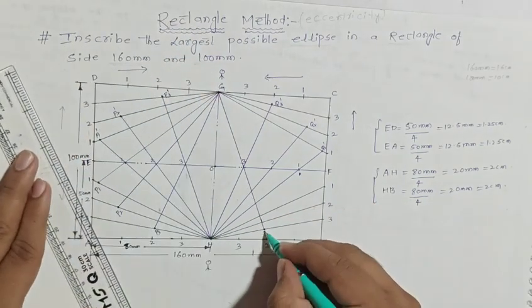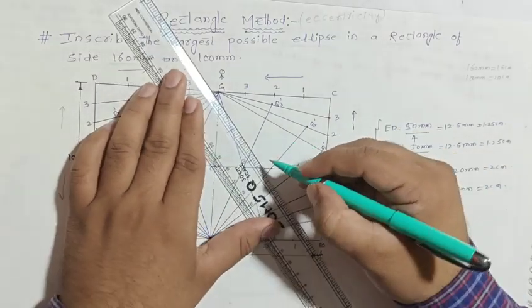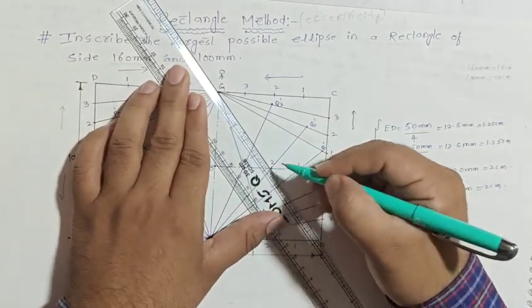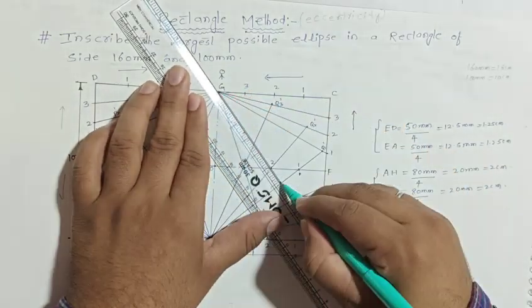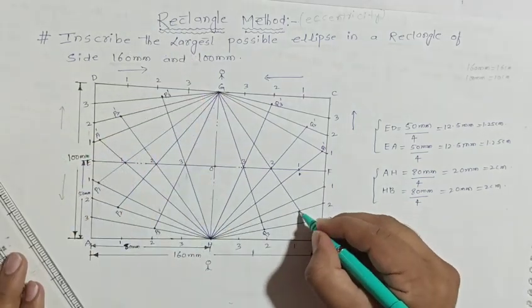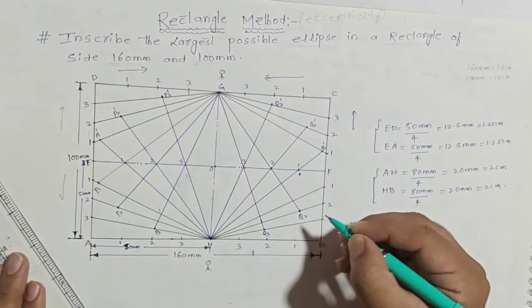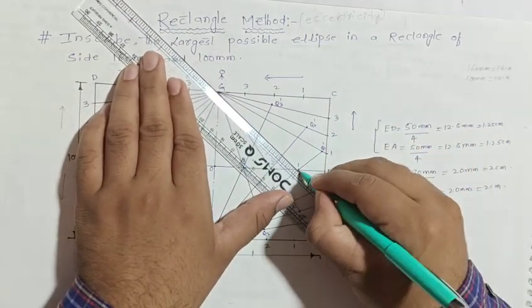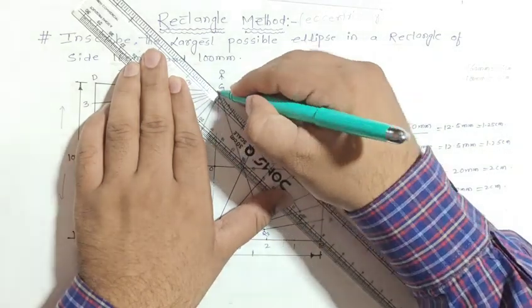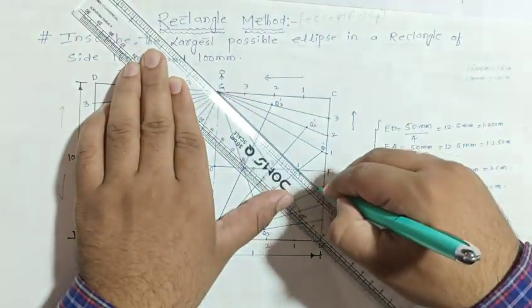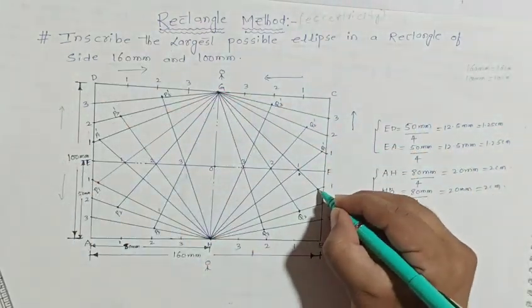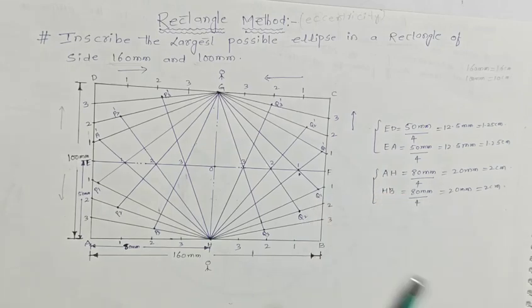This is Q3, and G2 to 2 represent as Q2, G1 to 1, so it is represent as the point Q1.